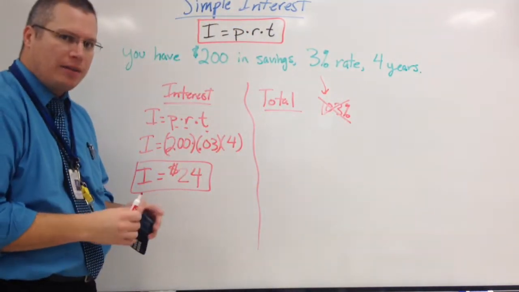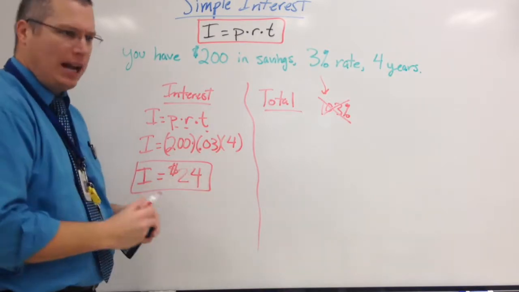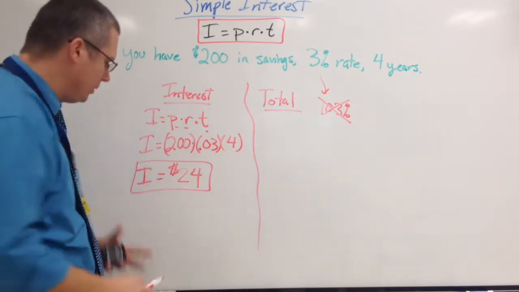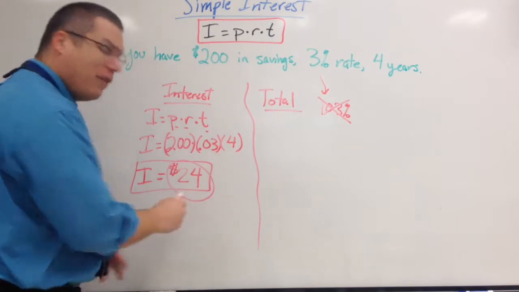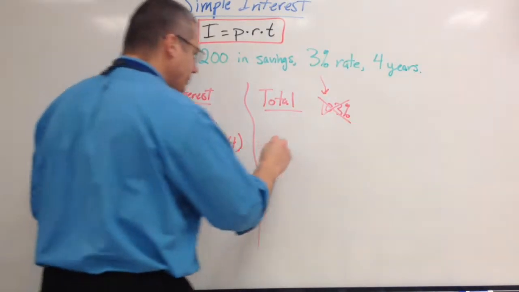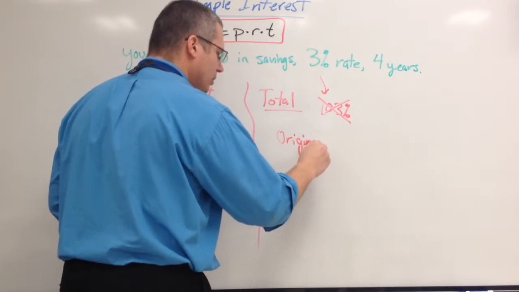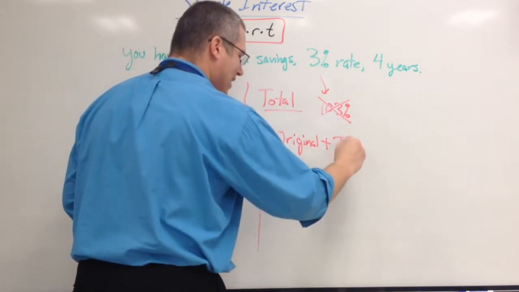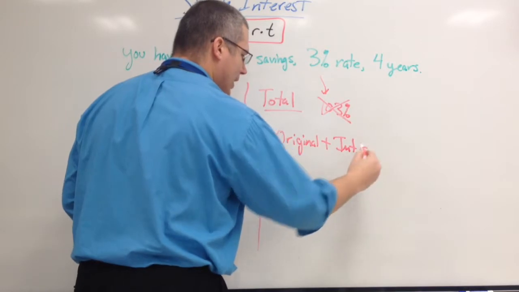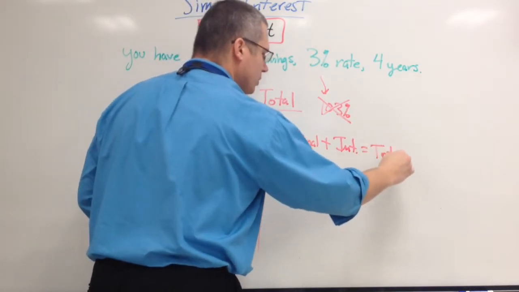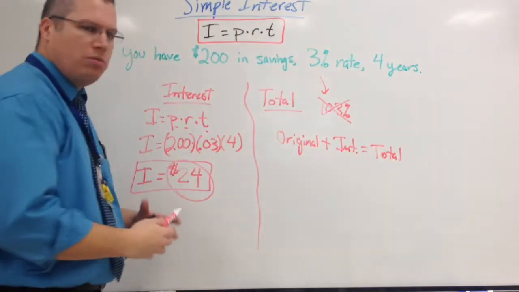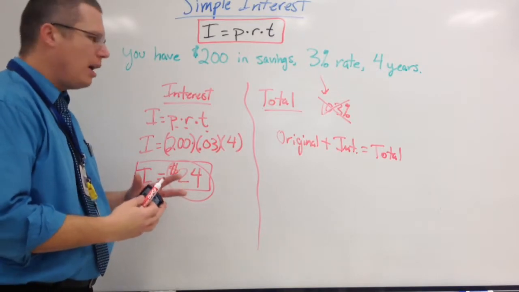And that's okay. If the problem said, how much money do you now have? Well, you just made $24 in interest. So all we're going to do is take my original plus my interest, and that gives me my new total. So I'm going to do what makes sense.